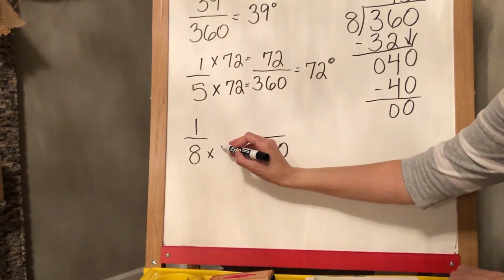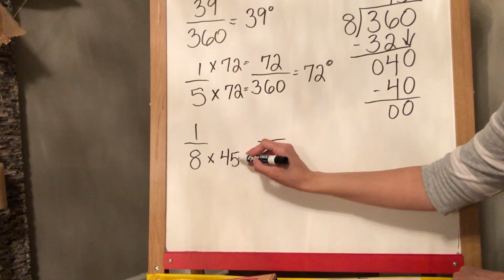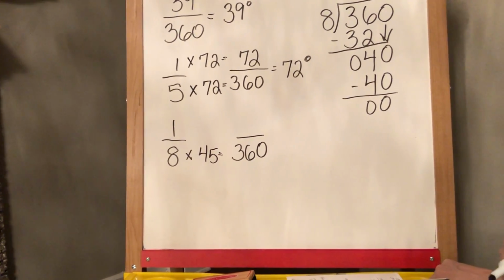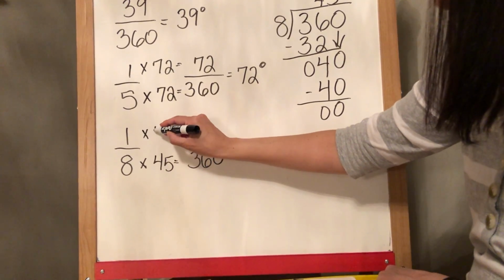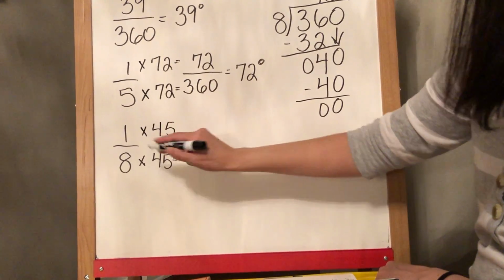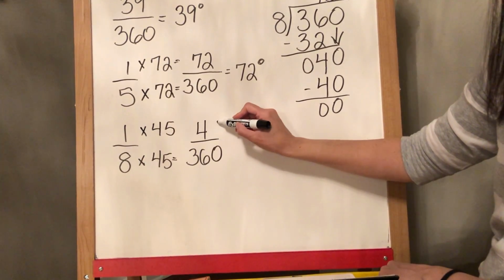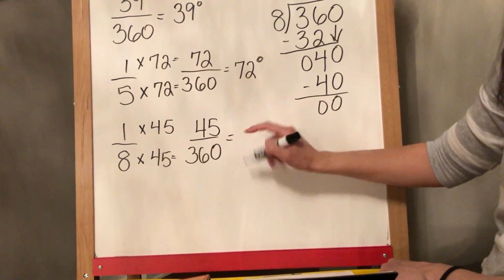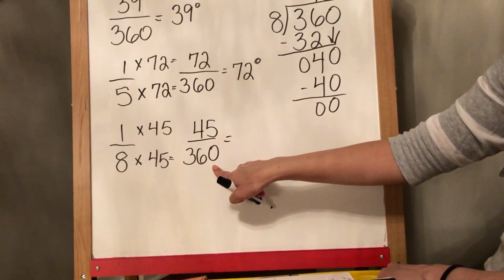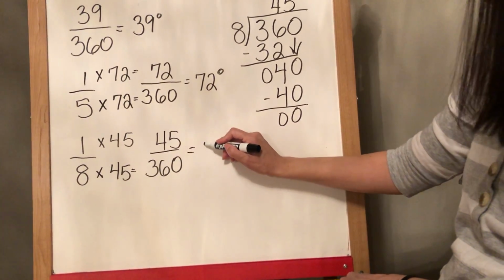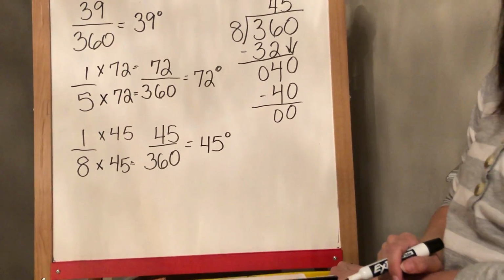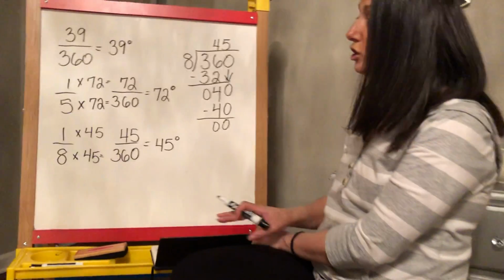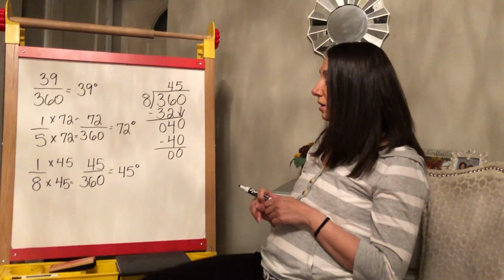That means 8 times 45 equals 360. Whatever I do on the bottom, I have to do on the top. 1 times 45 is 45. Now I have a denominator of 360, so all I have to do is write down my numerator and put my little degree symbol.